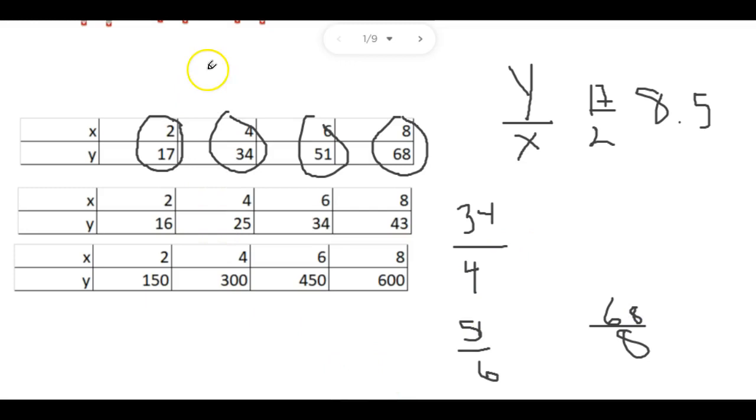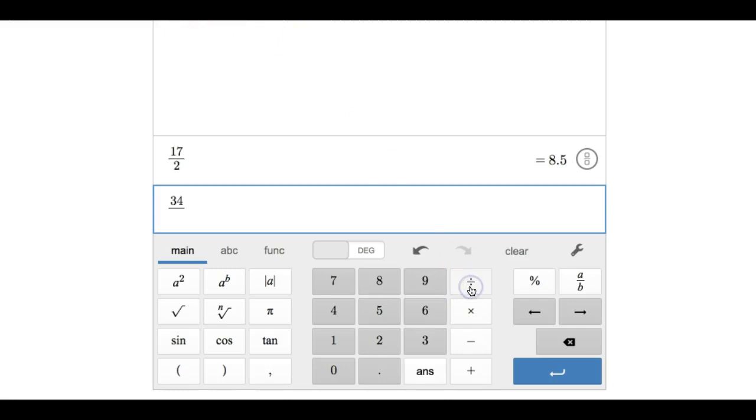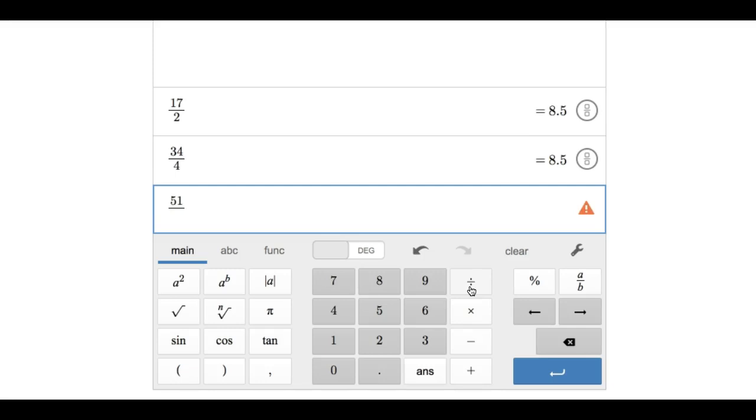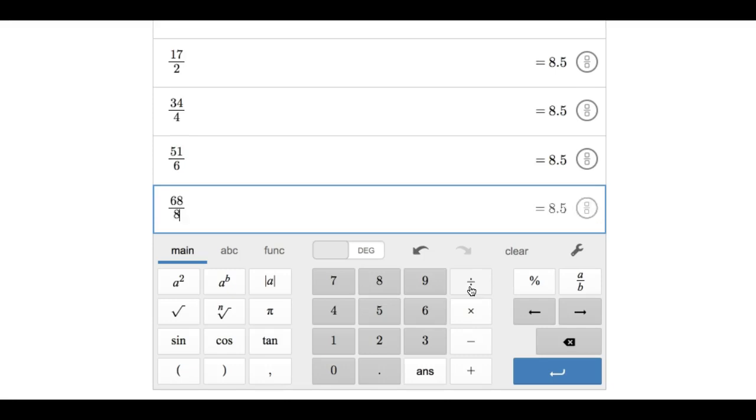And let's see what it gives us. So we said 34 over 4. There's 8.5. 51 divided by 6, 8.5. And then 68 divided by 8.